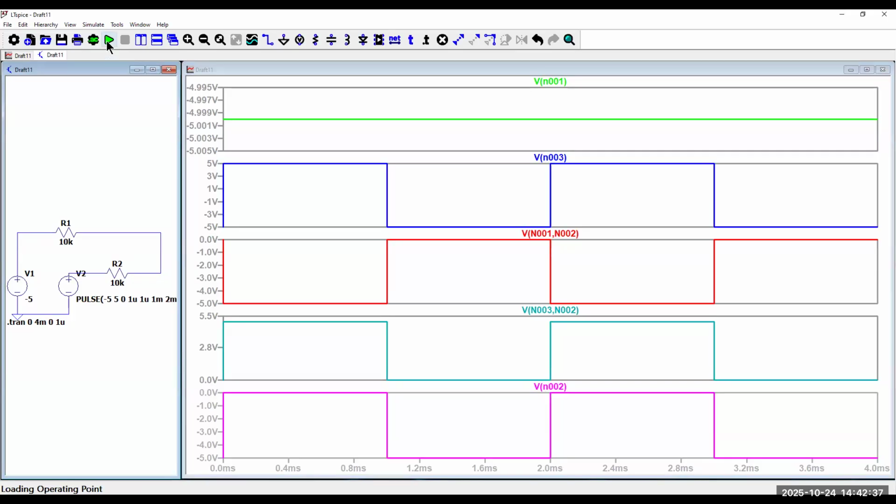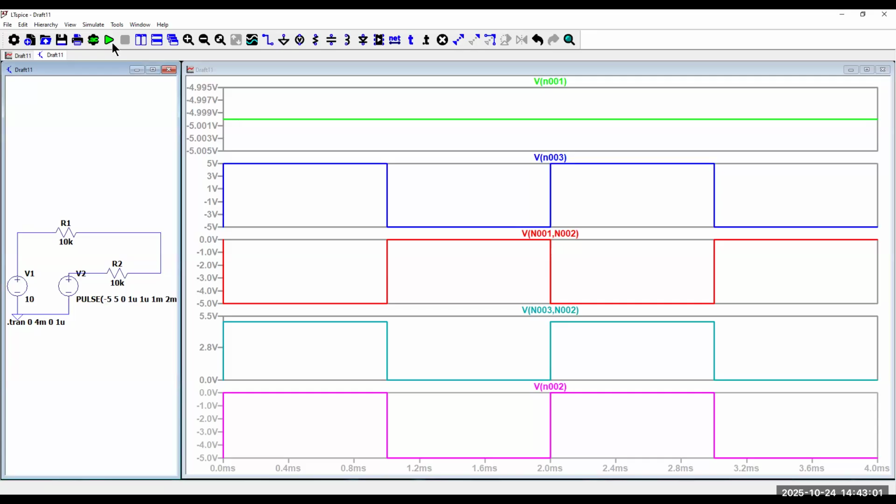If I apply a 10-volt source, if I change, so we went from +5 to -5. Now I'm going to +10. Where do you think the center of my output would be? 5.